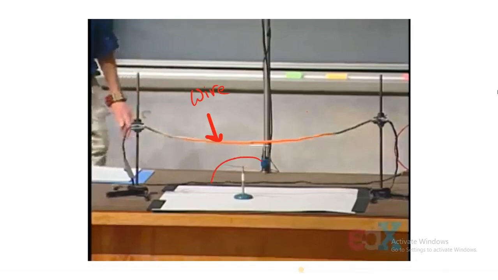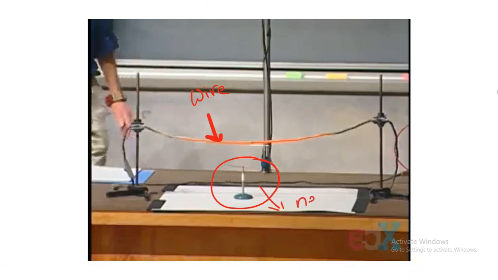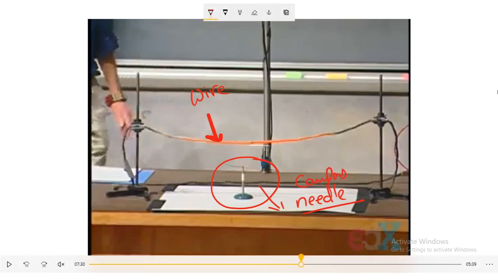Nearby the wire, he accidentally kept that compass needle. This compass needle contains magnetic material, which is affected, so the needle will deflect.